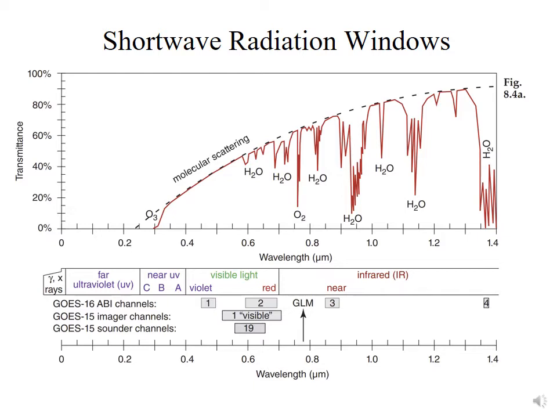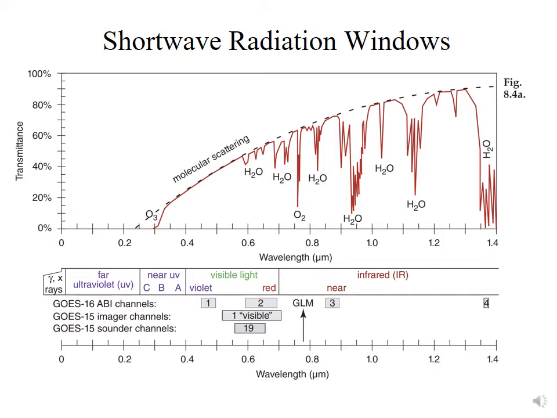And then when you move into the near infrared, there are places where the atmosphere is much more opaque, and there are specific absorption lines, primarily water in the atmosphere, that will absorb a lot of the near infrared at particular wavelengths. So the atmosphere is almost opaque between about 1.35 and 1.4 micrometers.